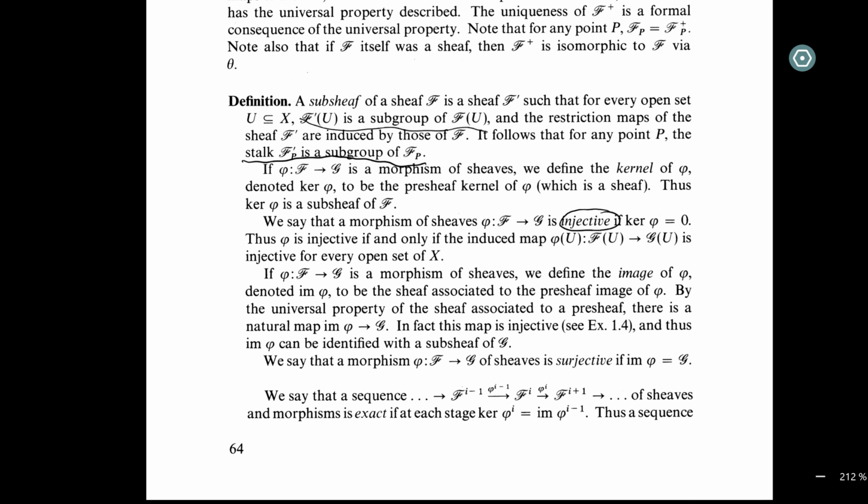We can define the image of a morphism, but it's just a pre-sheaf, not in general a sheaf. We say a morphism of sheaves is surjective if the image of phi, as a subsheaf of G, is G itself.